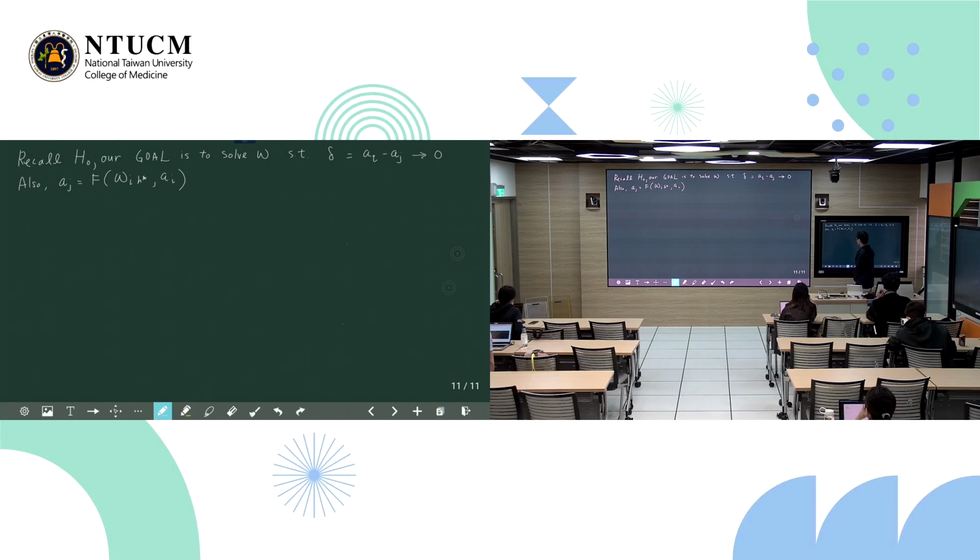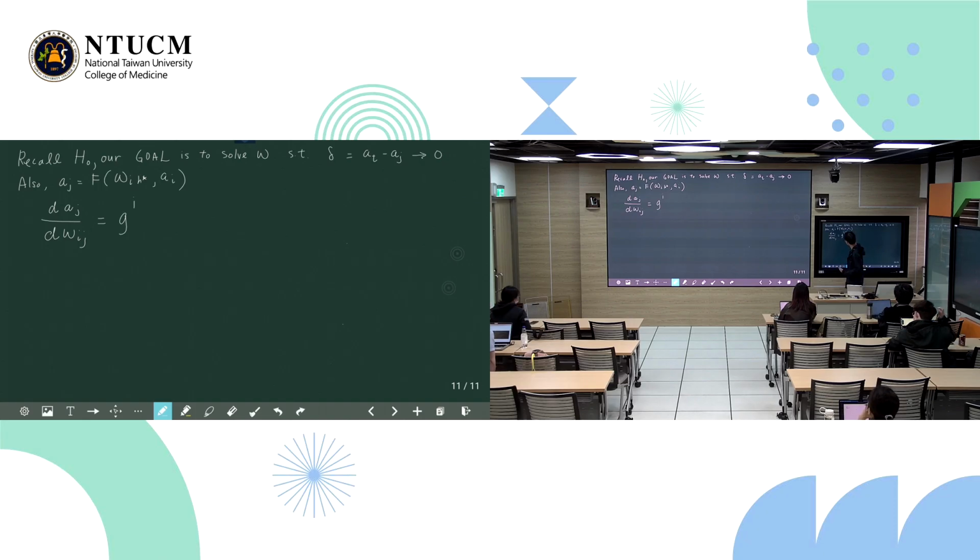We don't know what function f is, but we know that it has something to do with the weights, the W. So we can say that the derivative of AJ with respect to the weights wij, this is calculus differentiation, is going to equal some generic derivative.